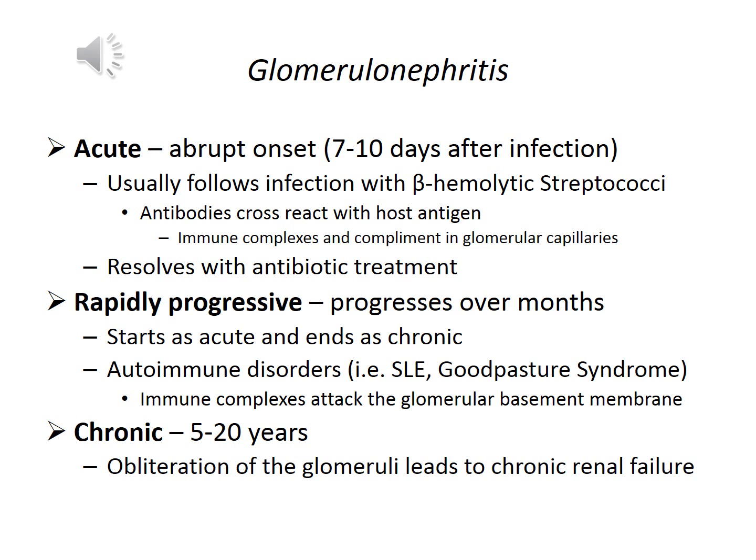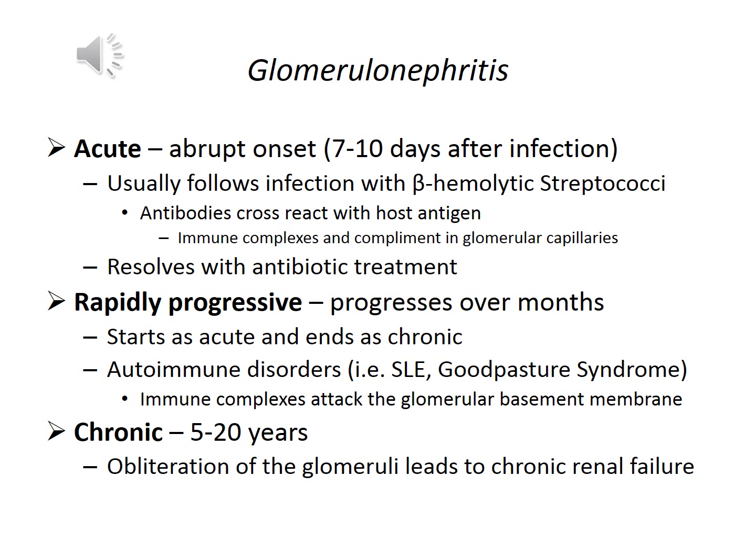In the acute form, the most common reason we see acute glomerulonephritis is following an infection with beta hemolytic streptococci bacteria. The antibodies that our body produces should react to the bacteria, but they also cross-react with host antigens found in the glomerulus.